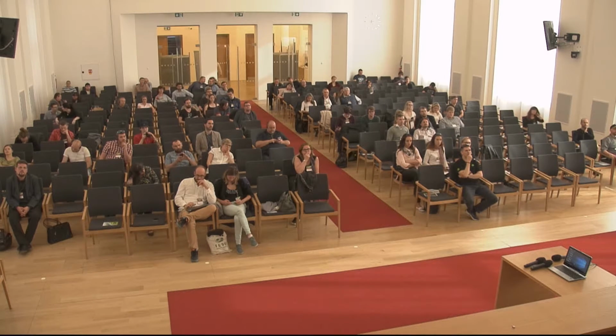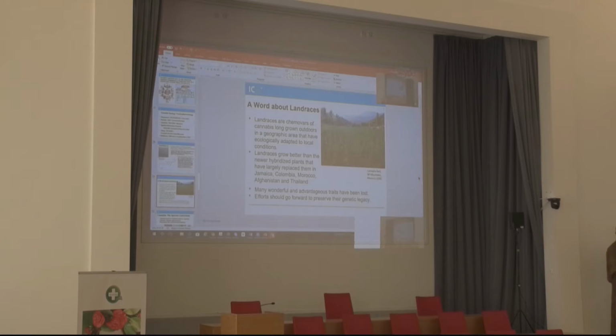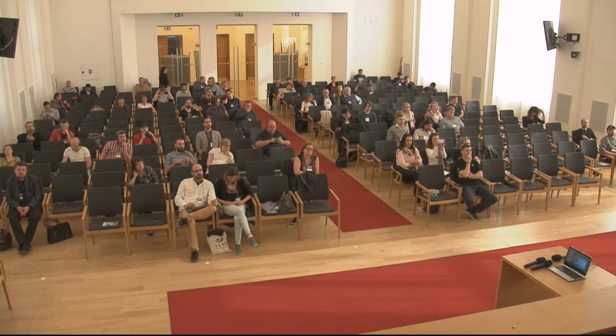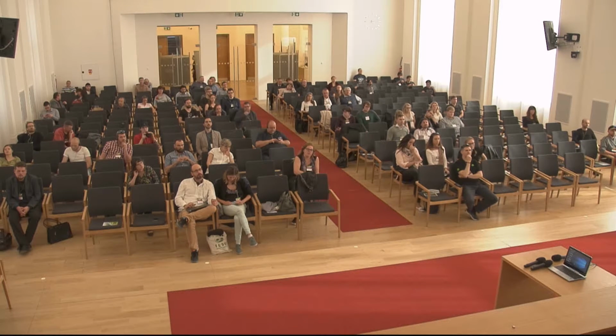Next, slide 29. I just want to say a little bit about landraces. Landraces are chemovars of cannabis that have been grown outdoors in a specific geographic area. And so because of this, they're ecologically adapted to the local conditions. They may know how to fight off diseases there or prevent being eaten by bugs in the local area. Unfortunately, around the world, landraces have disappeared.